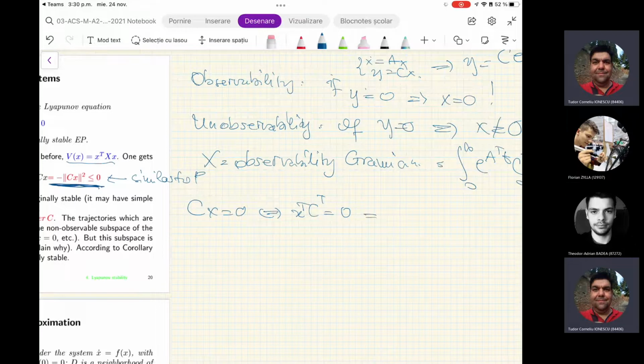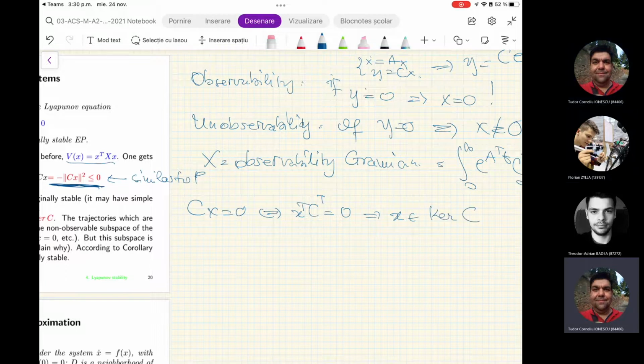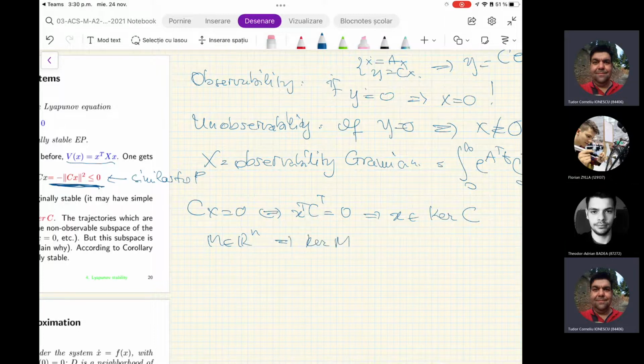So x belongs to the kernel of C. I hope you remember from matrix theory what the kernel is. So if you have a matrix M, then the kernel of M is the set of all x in R^n.